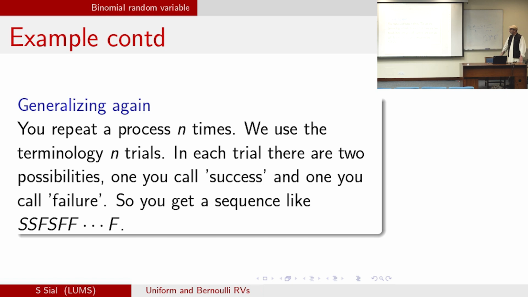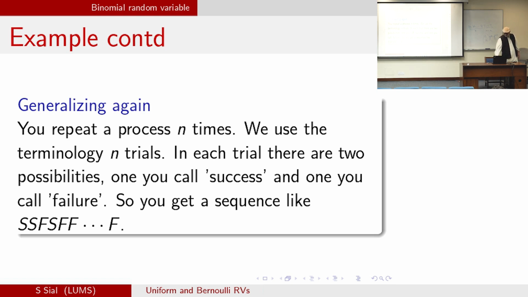It's traditional to call one of the possibilities a success and the other a failure. But we could call them red and blue, it doesn't matter. Just there are 2 possibilities. So you get a sequence of successes and failures. Okay? And each trial is independent. That's important. And the probabilities p and q are not changing from trial to trial.